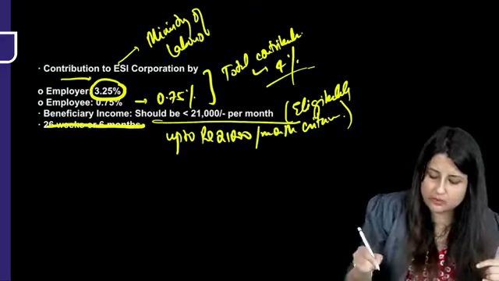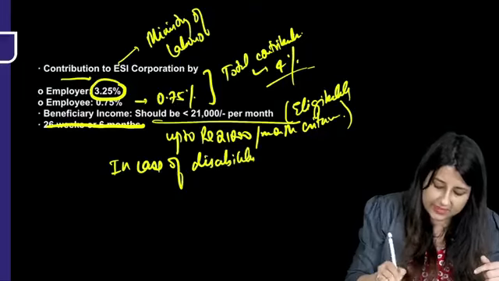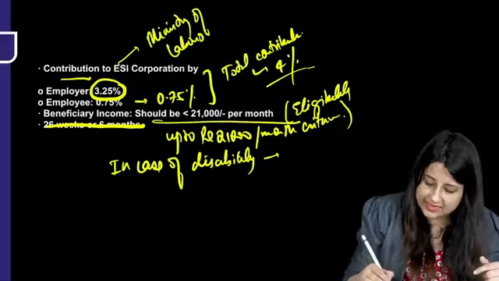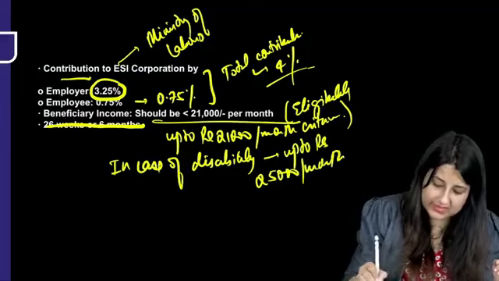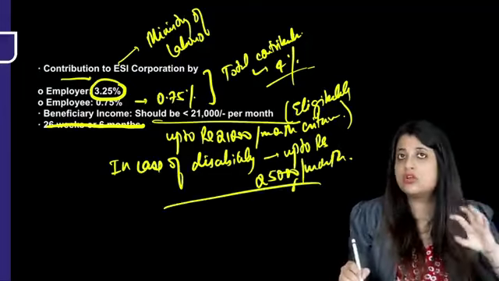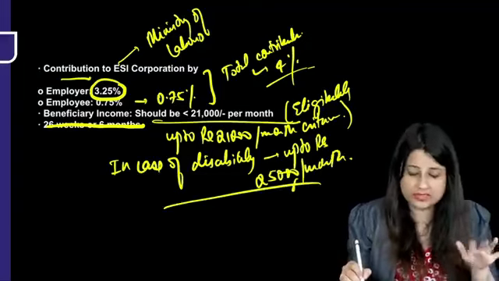In case of disability, please remember, this eligibility criteria can go up to beneficiary income up to rupees, how much? Rupees 25,000 per month. This is again very important. Employees contribution, and who is eligible.